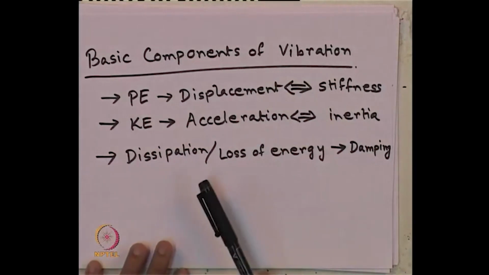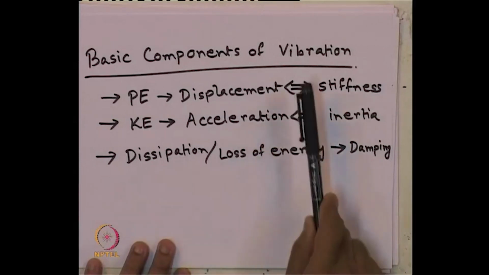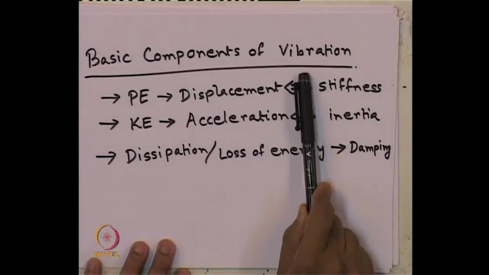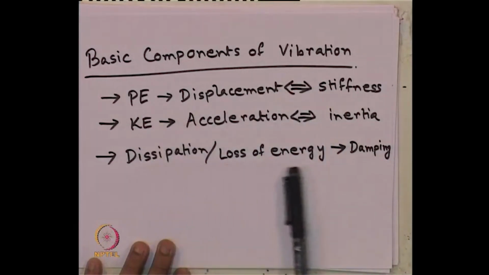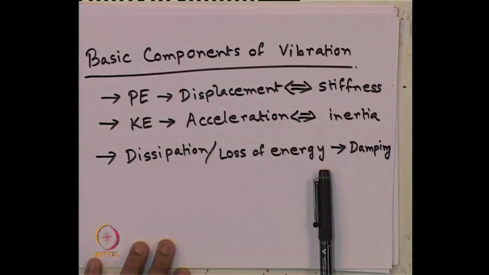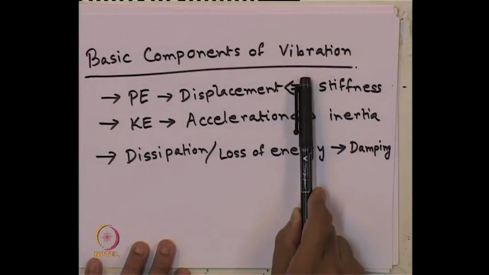One can easily see the load is called dynamic load only when the vibration occurs, that means exchange of potential energy to kinetic energy, or with a loss of energy. Then only the applied time varying load can be called dynamic load.